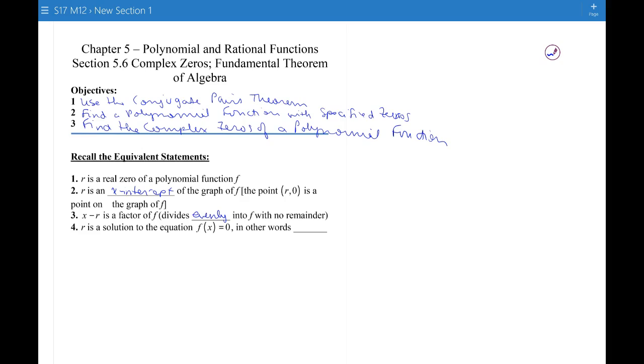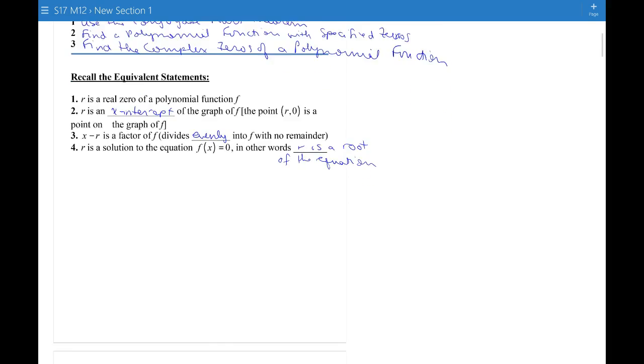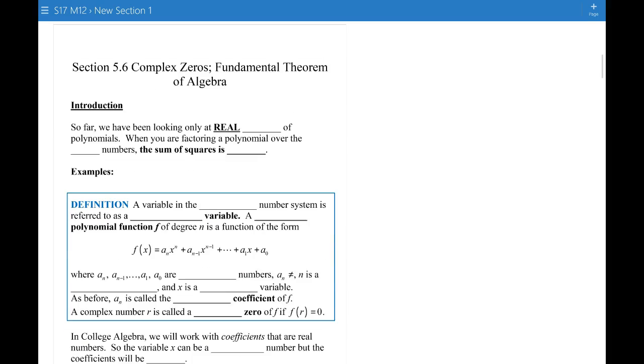And r is a solution to the equation f of x equals 0. In other words, r is a root of the equation. So you'll hear the words root, intercept, solution, zeros used kind of interchangeably, but in different contexts.